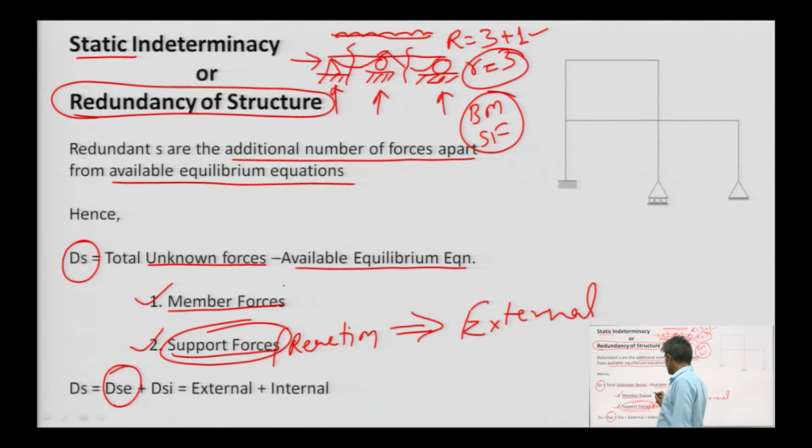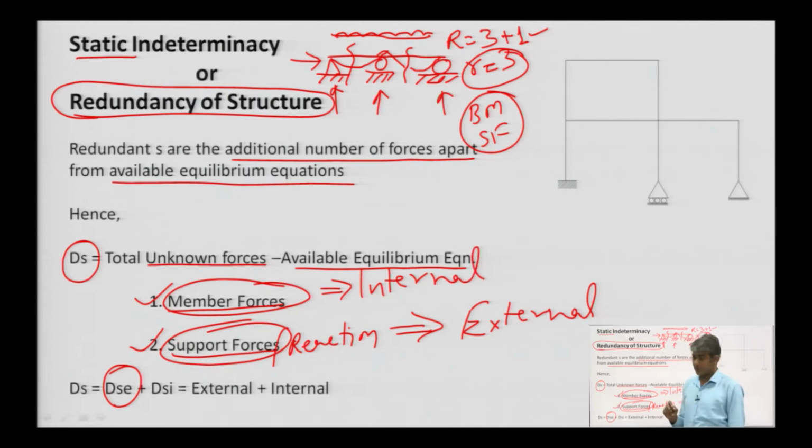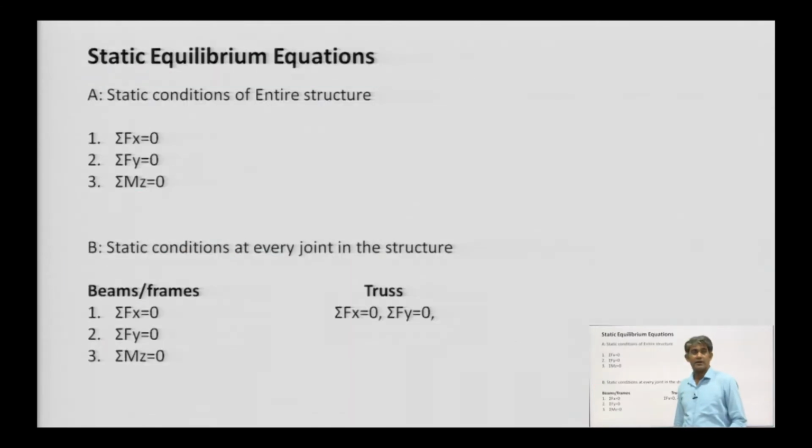Additional member forces apart from the available equilibrium equations give the internal static indeterminacy, represented by DSI. So the total is external plus internal. This is the understanding of static indeterminacy, which can be calculated with the help of external as well as internal.